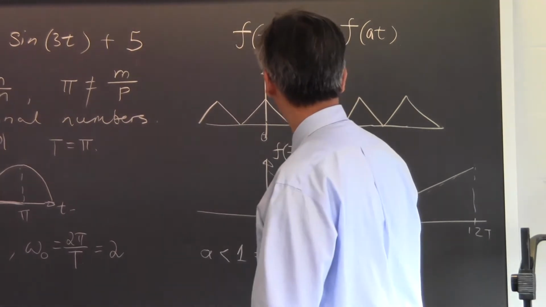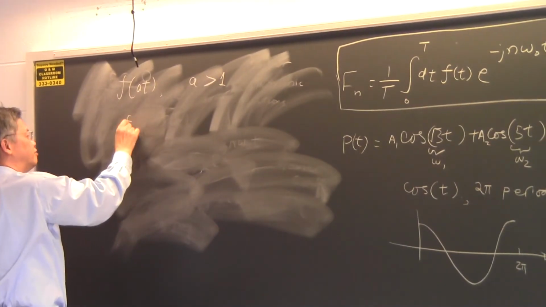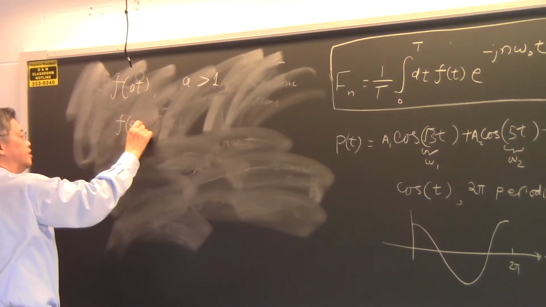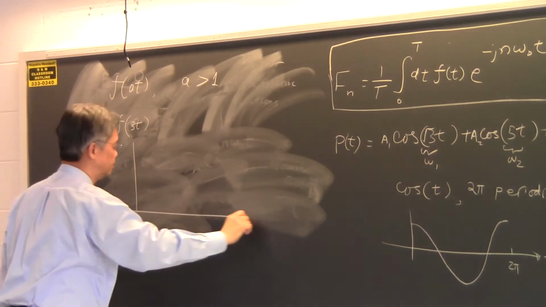Okay? However, if I make the factor a inside larger than 1, say if I plot f of 5t, or maybe not so big a number, just 3t, okay?